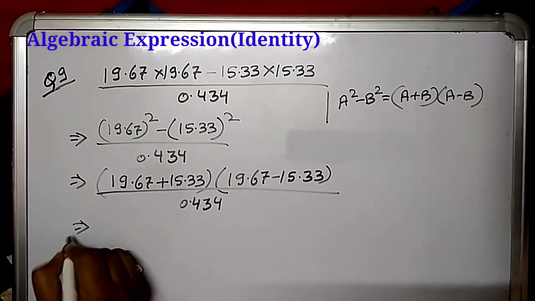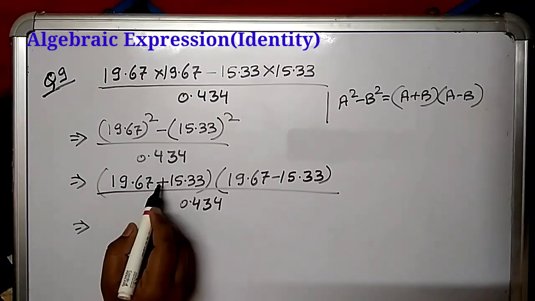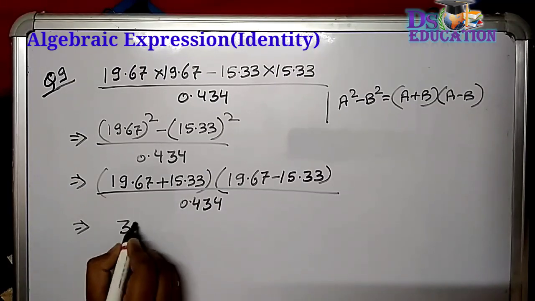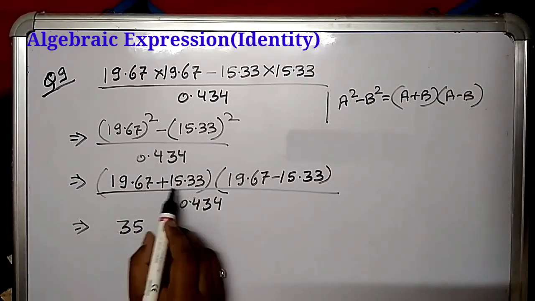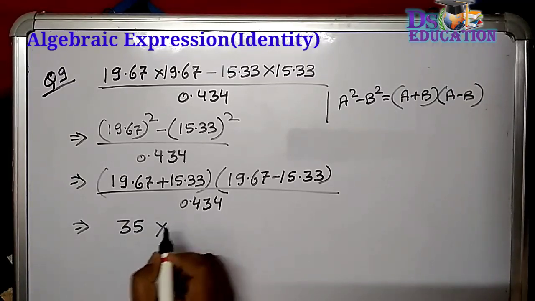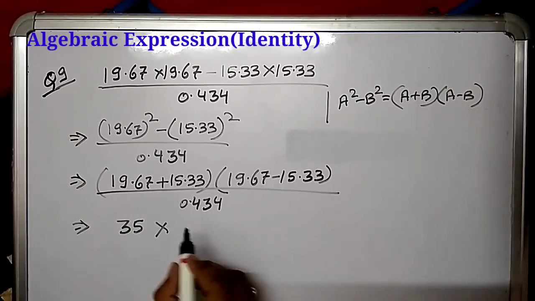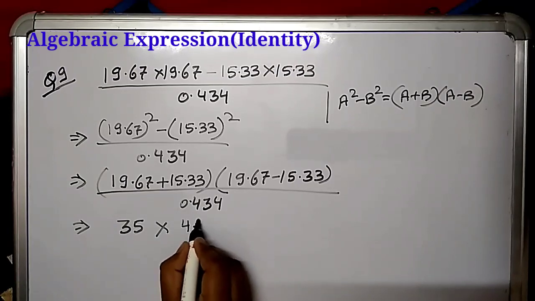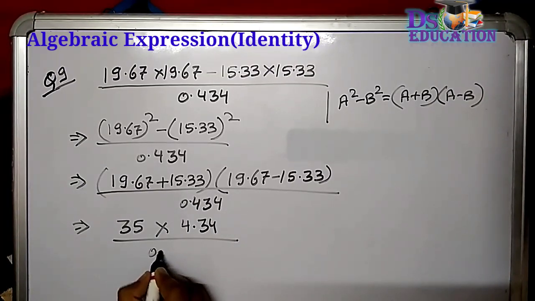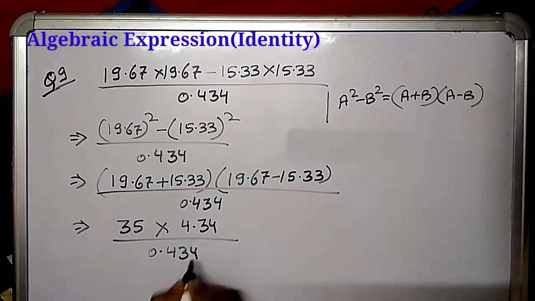Now next is what I will do. This will be added. Okay, now when you add these, 19.67 plus 15.33, it will come to 35, multiply. Now when you change this, it will come to 4.34. Clear? Upon 0.434. Clear?